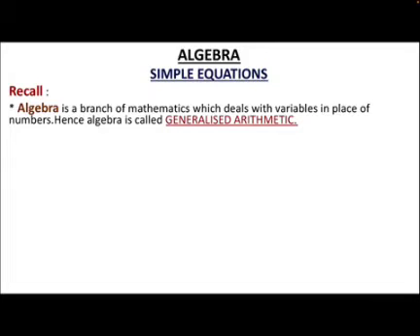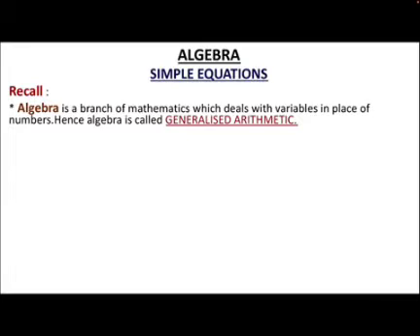Now, algebra is generalized arithmetic where we use variables and numbers. These numbers are called constants because variables are terms which vary. Vary means they can change or take any number. But numbers are called constants because constants are fixed in their values.